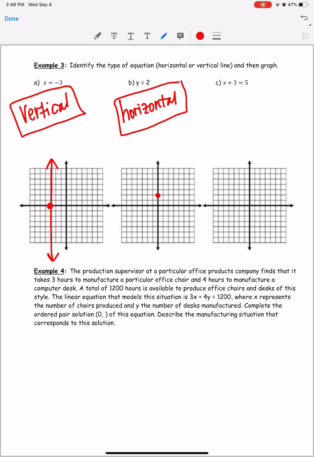Because it says y equals, a lot of times because this is your y-axis, you guys want to draw a line through that y-axis and say this is your line. But because there is no x in this, that means it can never touch this line here, so it's parallel to it. So your line is horizontal.